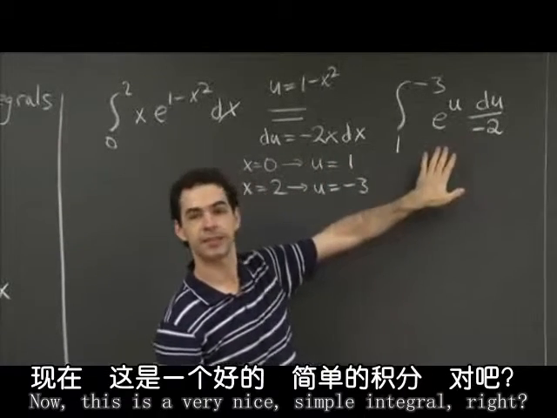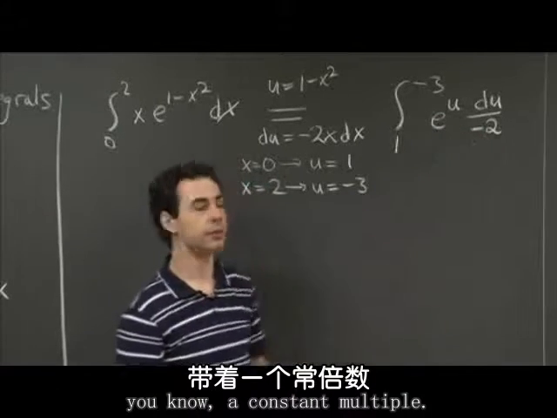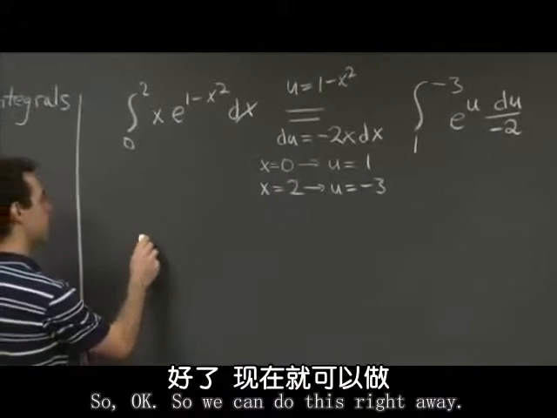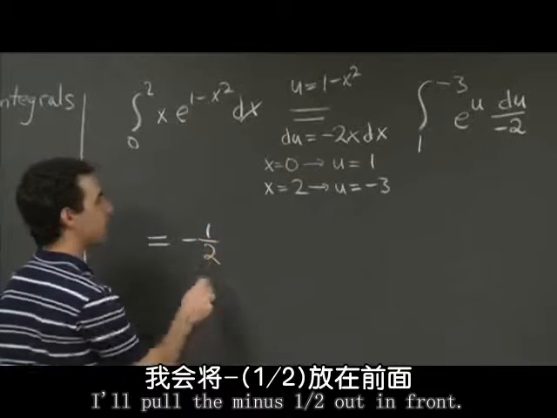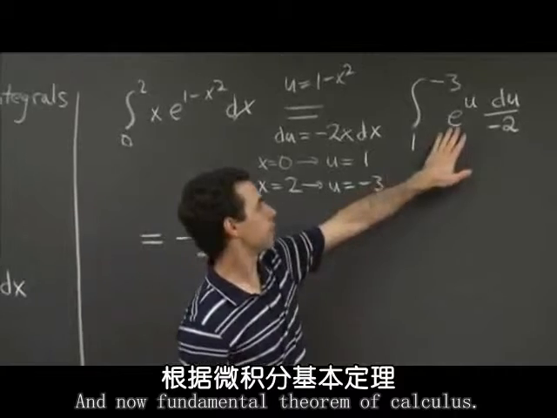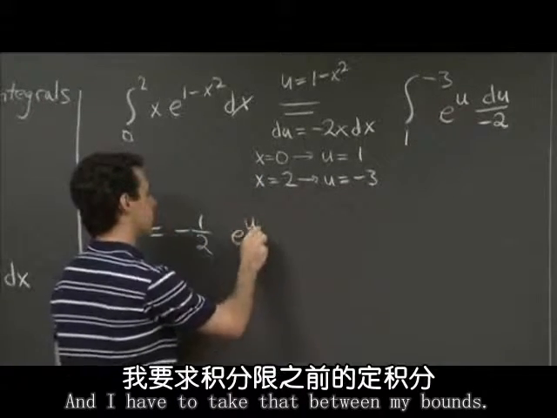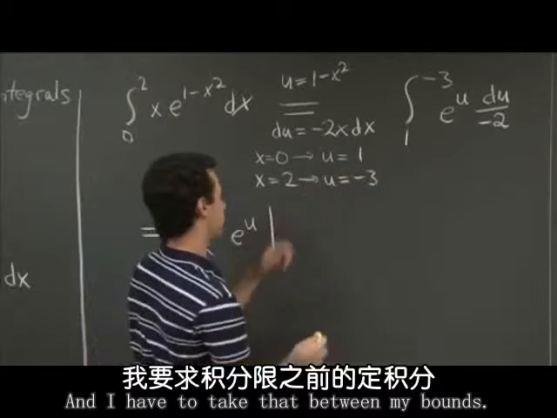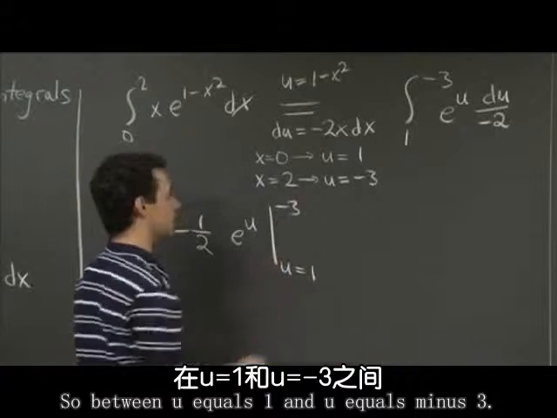Now this is a very nice simple integral. This is just the integral of e to the u with a constant multiple. So we can do this right away. I'll pull the minus 1/2 out in front. Now, by the fundamental theorem of calculus, the antiderivative of e to the u is just e to the u, and I have to take that between my bounds, between u equals 1 and u equals minus 3.